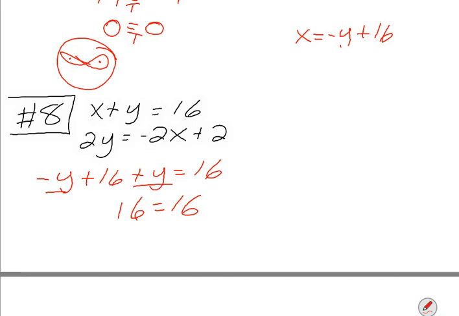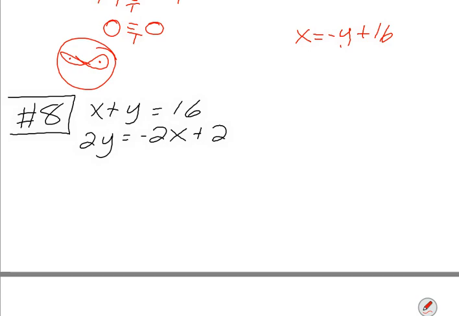In my video, if you rewind, I said make sure that you substitute into the other equation. I substituted my rewritten equation into the first equation. So we'll try that again. I solved my top equation for x, so I need to substitute the x, or the minus y plus 16, into the x in my other equation.